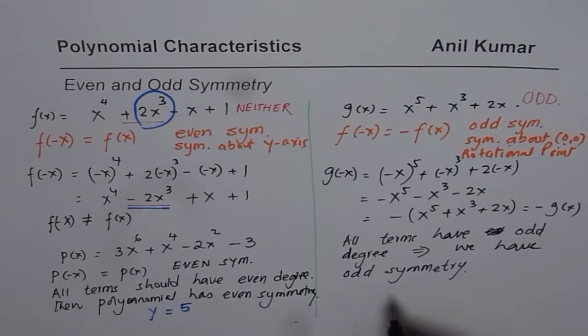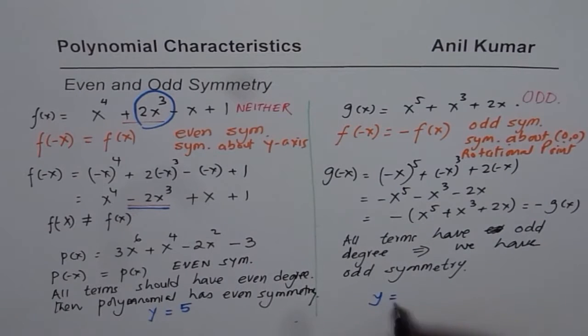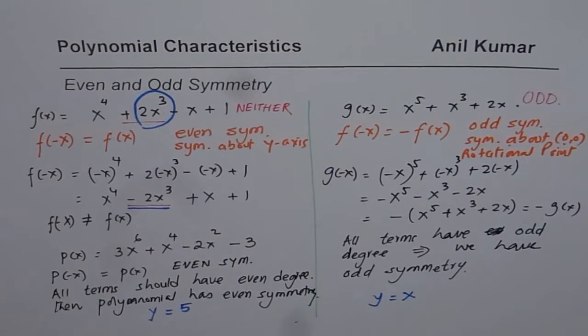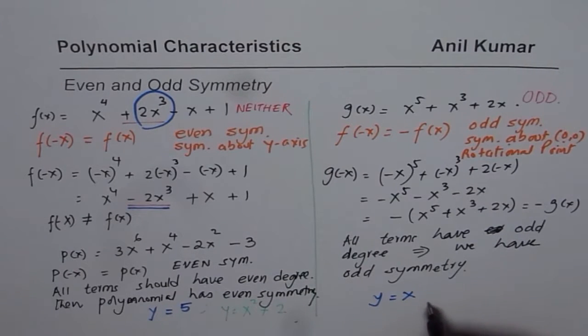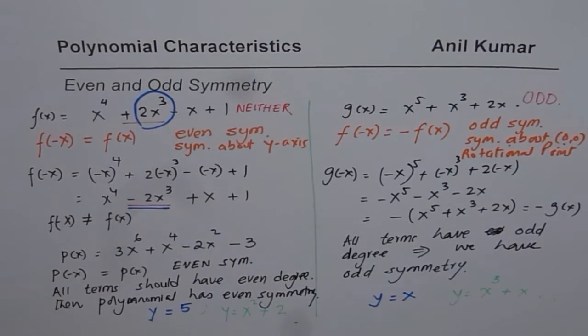And for odd symmetry, the best and simplest example is the one with degree 1, which is y equals x. So that is odd symmetry, right? So these are good examples. You could have other examples also. For example, y equals x squared plus 2, and in this case you could have y equals x cubed plus x, and so on. You can create your own examples with even symmetry and odd symmetry.